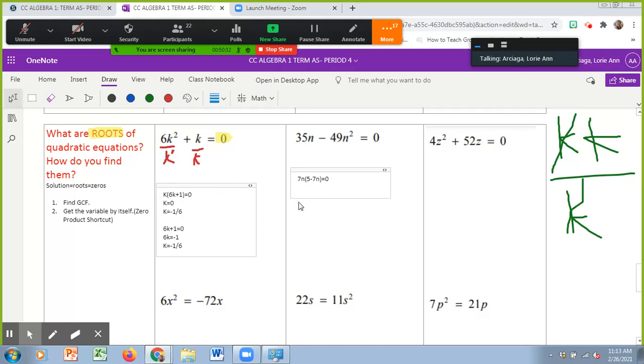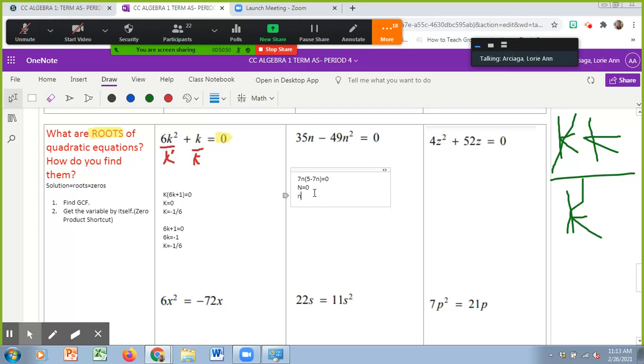What's your shortcut? You always make it equal to what? N is equal to 0. There you go. The one outside, if it's just outside, like k, it's 0, because 7 times 0 is 0, right?